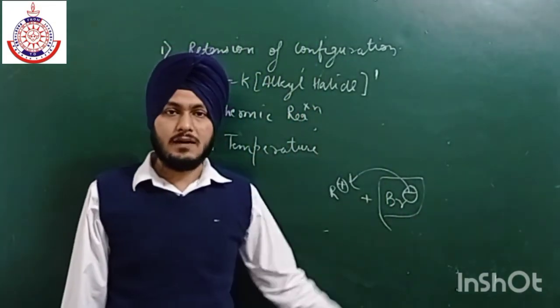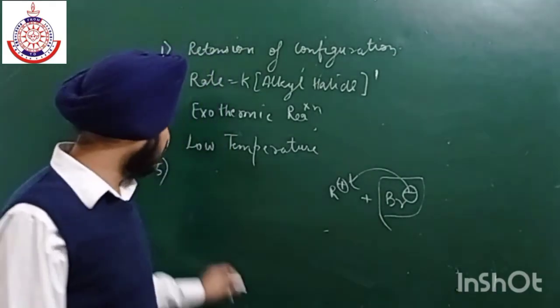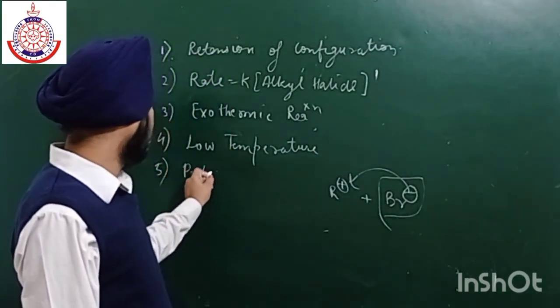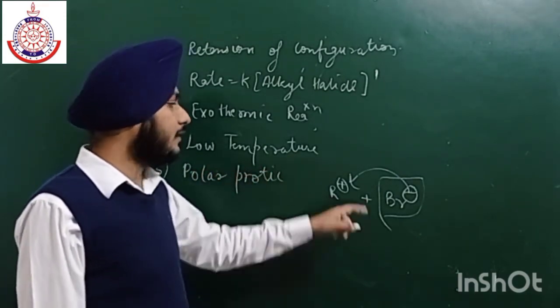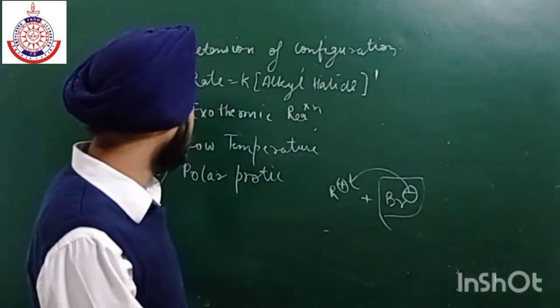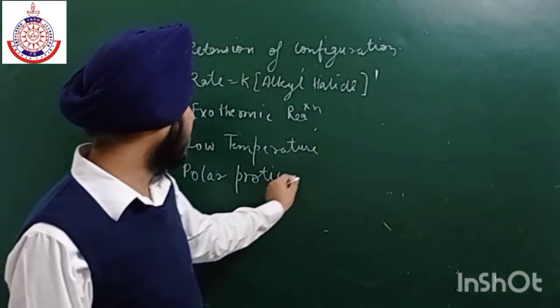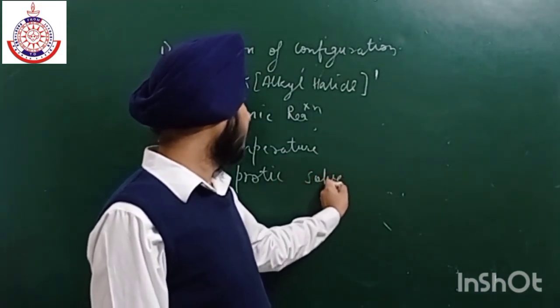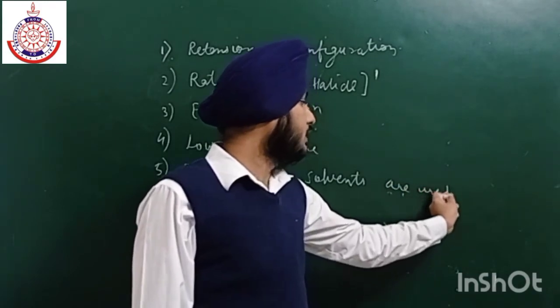Stop it from attacking back. So that is why we have to use polar protic solvents. Polar protic solvents are used in order to solvate this leaving group. Is it clear?